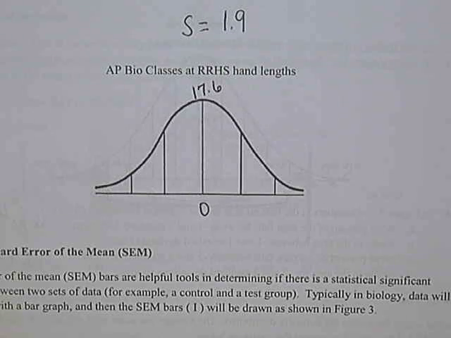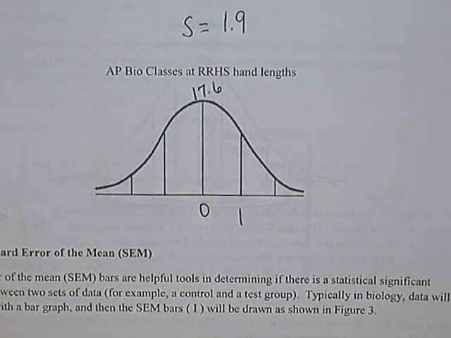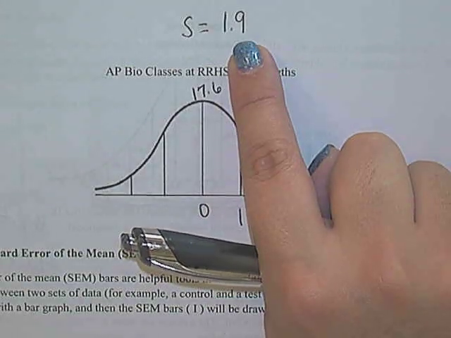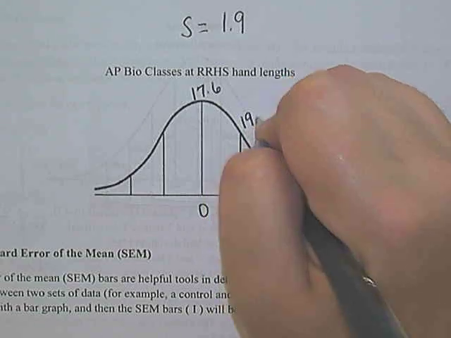So starting with the 17.6, I'm going to go 1 standard deviation above the mean. And to do that, I'm going to take 17.6 and simply add 1.9 to it. You will never have to calculate this value. That value will be given to you. So 17.6 plus 1.9, and I get 19.5.